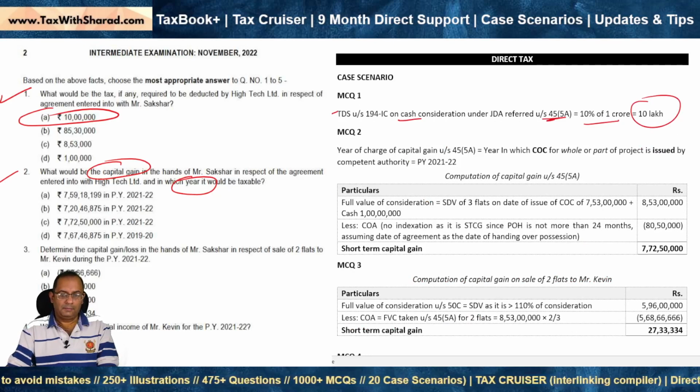In our case, we can say that the year of charge of capital gain under section 45(5)(a) will be the year in which certificate of completion is issued by the competent authority.